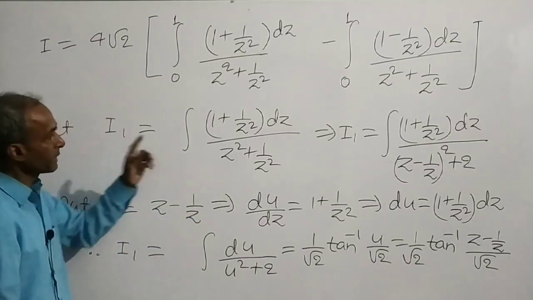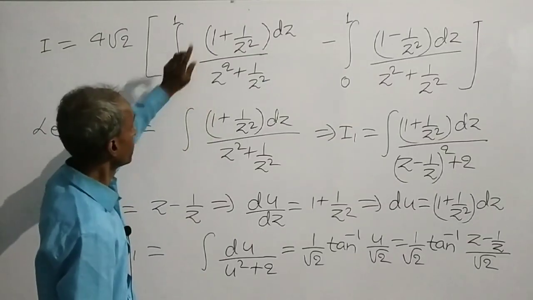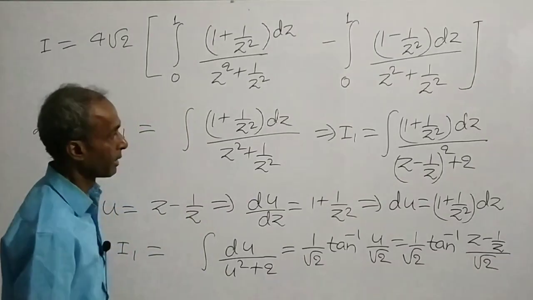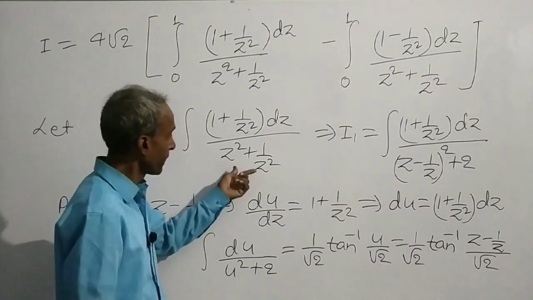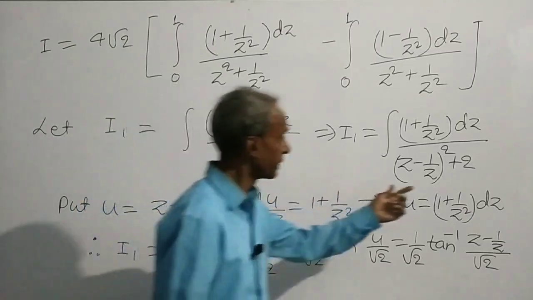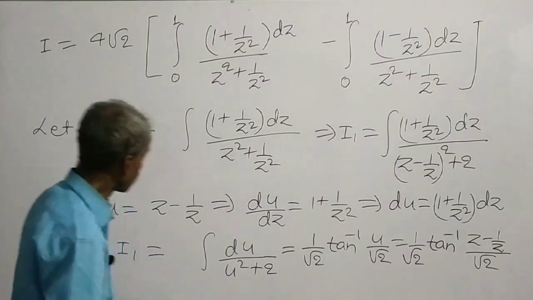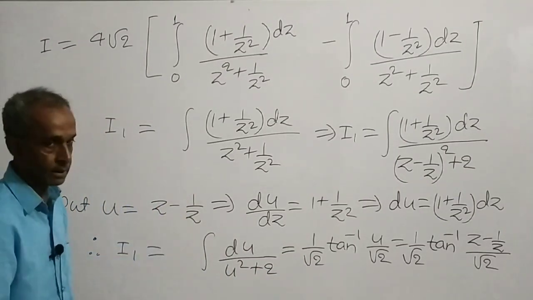Suppose I1 is equal to this integral. That means this integral without writing limit, indefinite integral. Now, denominator can be written like this. Now we substitute u is equal to z minus 1 by z.